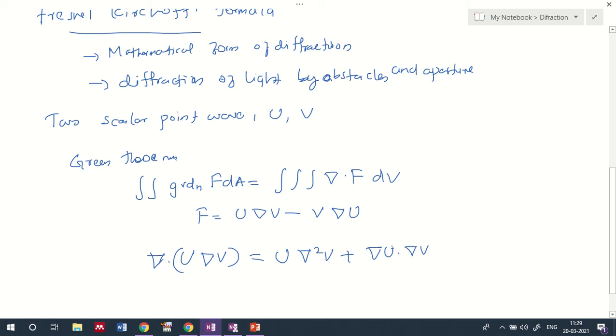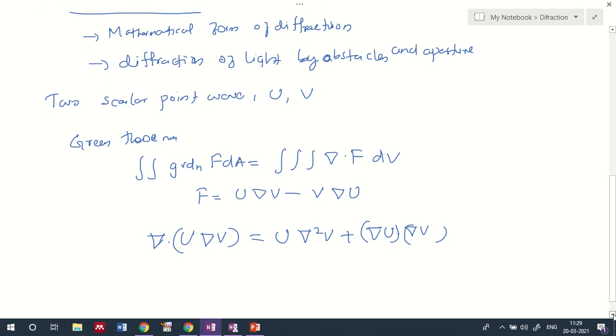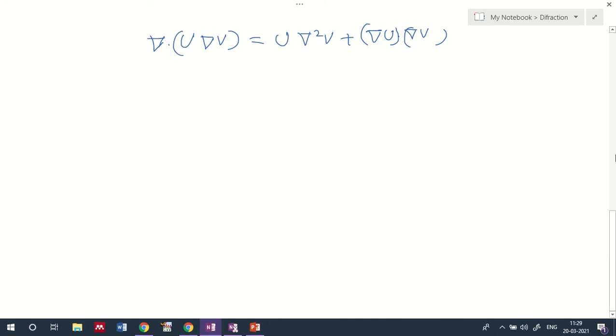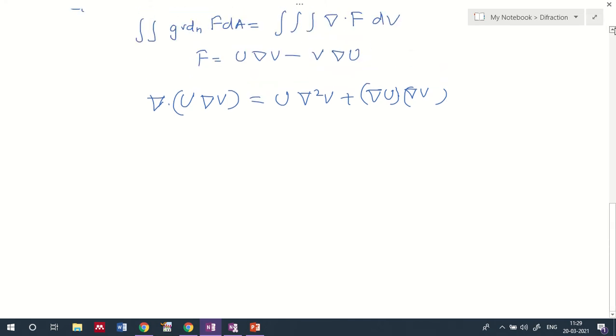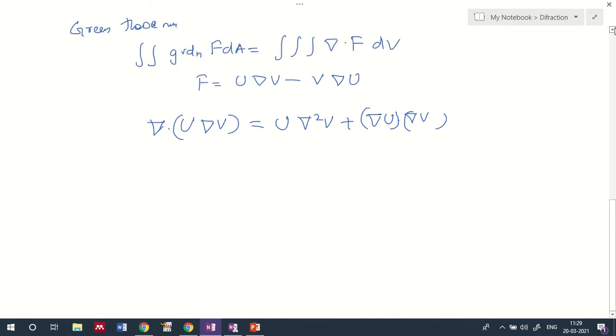By using these two relations, if you substitute f equal to u del v minus v del u in the equation, then you will get an equation in this form. By Green's theorem, the gradient n, which I can write as grad n, is the gradient along n.